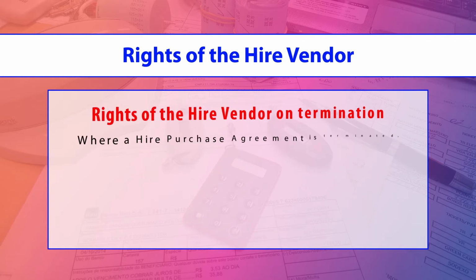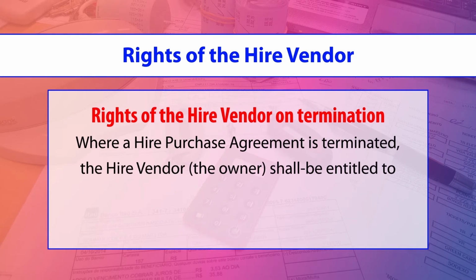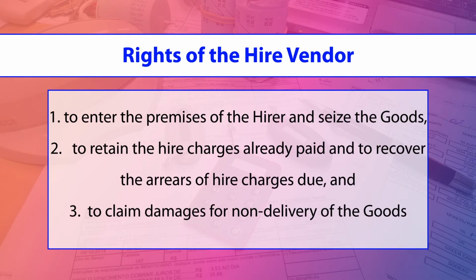Then the second one is rights of hire vendor on termination. Where a hire purchase agreement is terminated, the hire vendor, that is the owner of the goods, shall be entitled to, let us now discuss in detail, the first one: to enter the premises of the hirer and seize the goods.